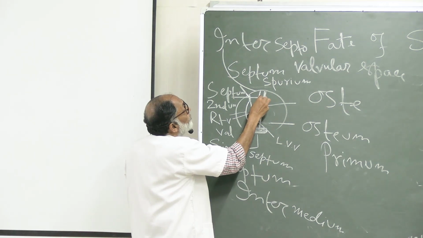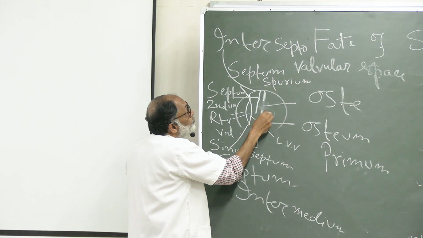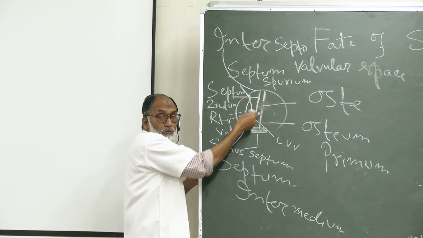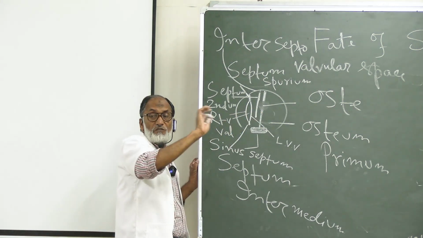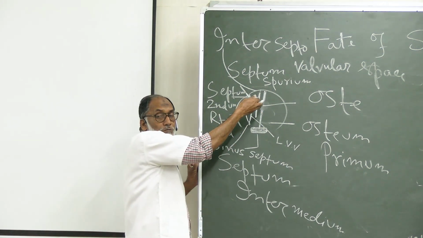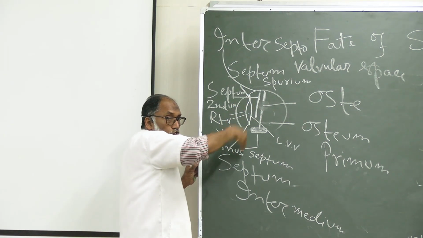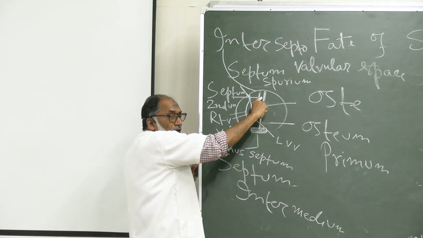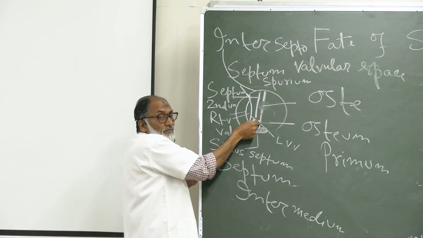So it has to grow deeper, and it has to overlap the septum primum. Has the primum overlapped here? If it did not overlap and stopped at this point, it would not be able to effectively close the foramen secundum, right? So it has grown so much that it has completely covered this foramen, as well as overlapped the septum primum.